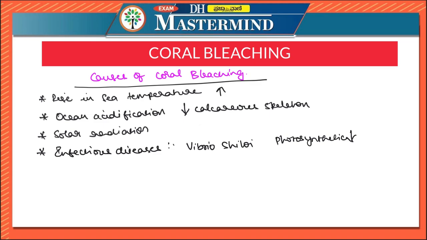These bacteria become more potent with elevated sea temperatures. As the sea temperature rises, it gives a conducive atmosphere for Vibrio shiloi to thrive, and as they thrive in warmer waters, they directly affect the photosynthetic ability of zooxanthellae, leading to coral bleaching.